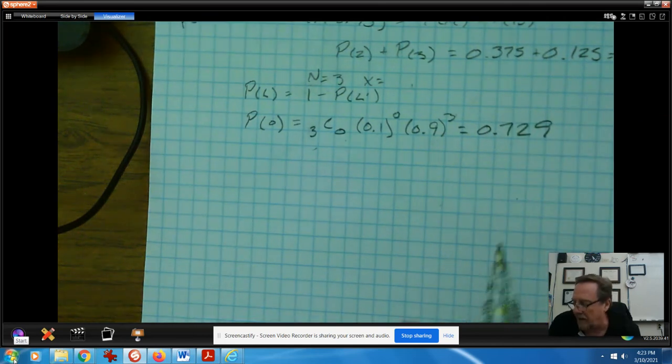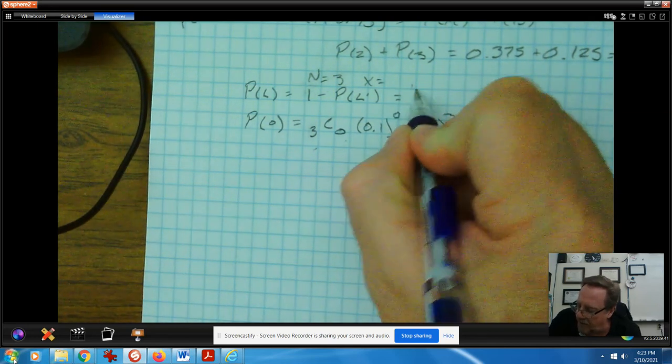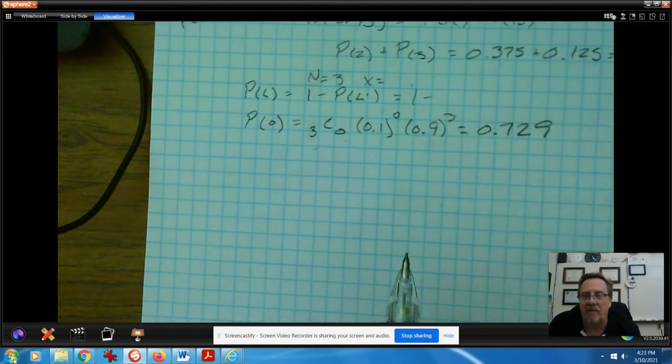0.729. All right, that's the probability that none of them are left-handed. So we can subtract that from 1 to find out the probability that at least one of them is left-handed.